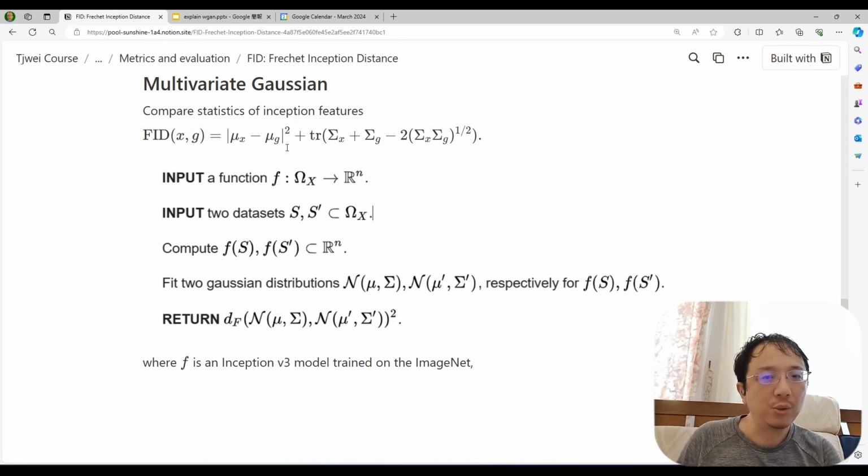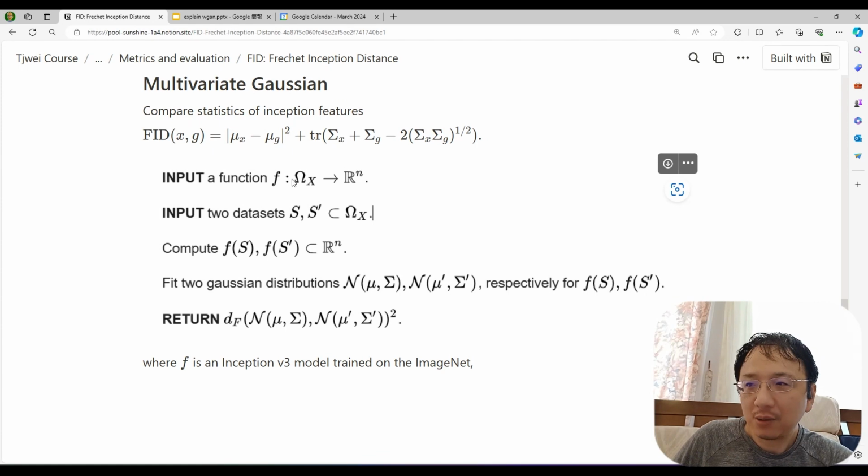Our goal is to compare the difference between the distribution of the first set and the second set. For each set, we have 50,000 images. We send them into F, that is the inception V3 model.